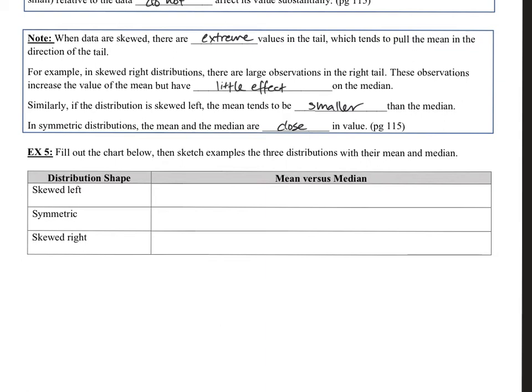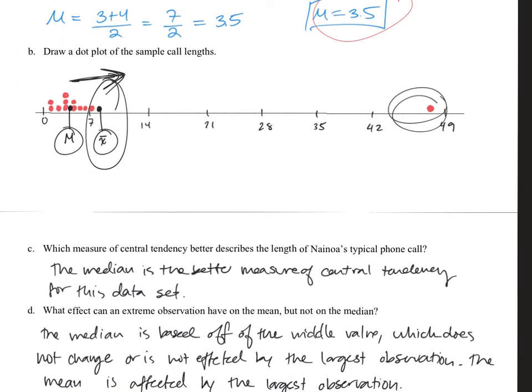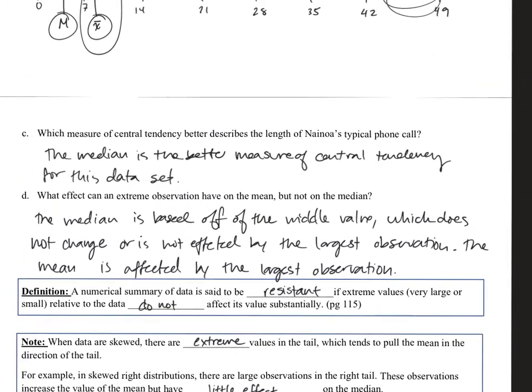Okay, so for skewed, if we have a distribution that is skewed left, what do we know? The mean is substantially smaller than the median. Let's see, in our example up here, is this a skewed left example or a skewed right? Well, when we're talking about skewed left, it's saying the mean is smaller than the median.